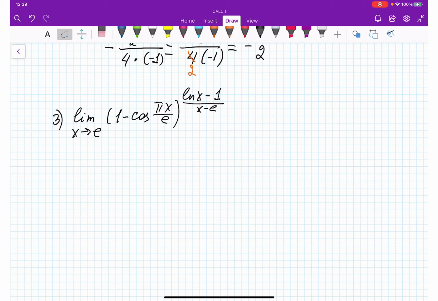Okay, here, see, I have practically 2 problems to solve. This is one, and this is another one, because it's a whole expression there.